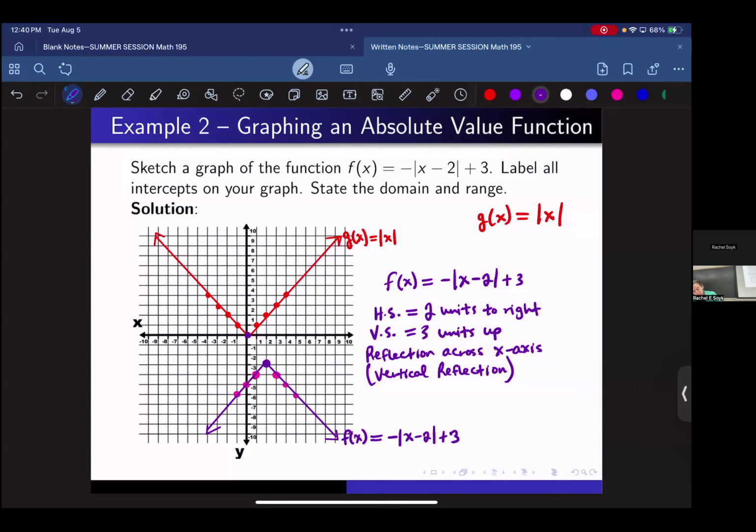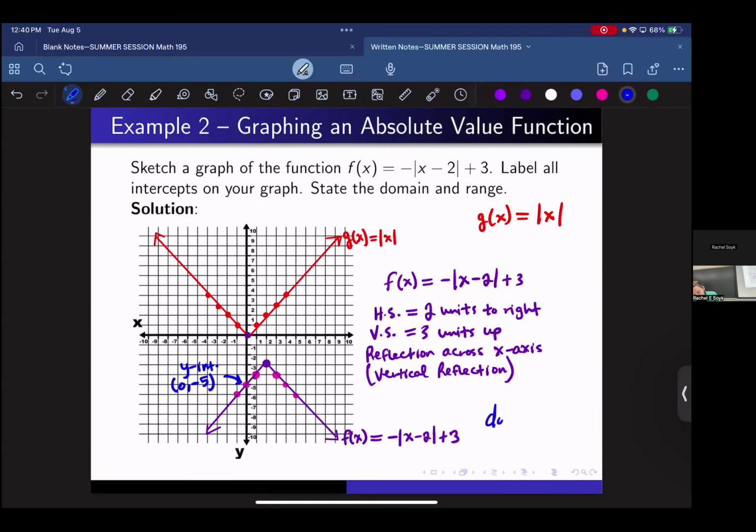And then we need to state, it says label the intercepts on your graph and state the domain. So do we have any x-intercepts here? No, we don't. But do we have a y-intercept? Yeah, our y-intercept is over here. So we're just gonna write y-intercept, and then the coordinate point for that is 0, -5.